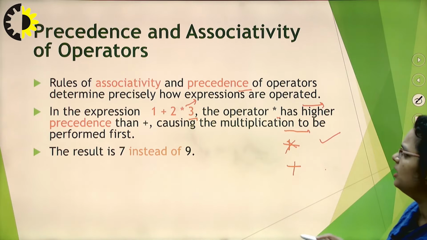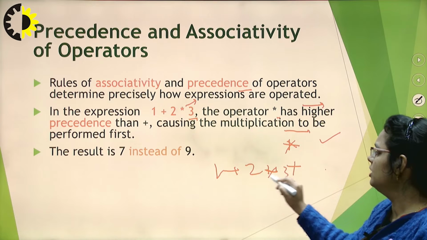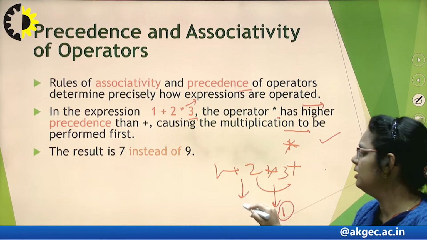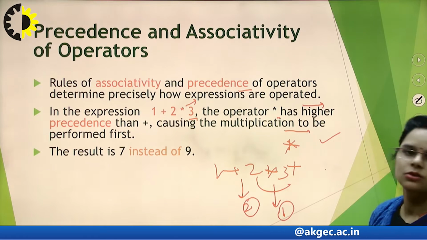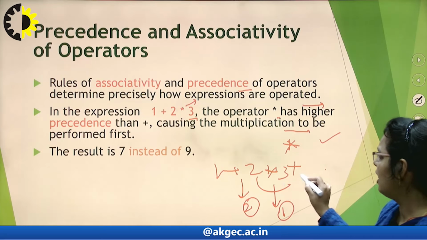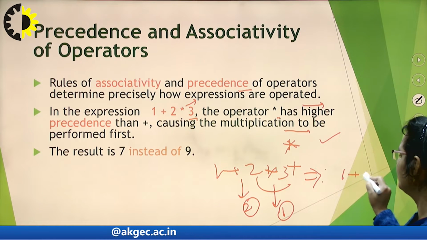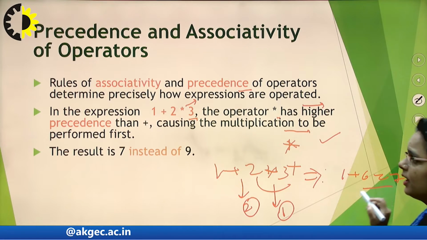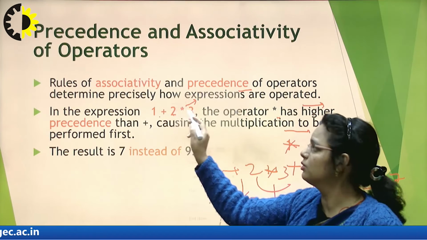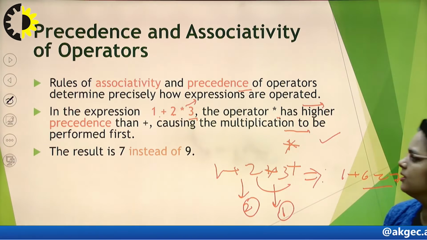So in 1 plus 2 star 3, multiplication is performed first, and later addition is performed. The answer of this expression is 1 plus 6, that is 7, not 9. If we took 1 plus 2 as 3, then 3 into 3 is 9, but the answer of this expression is 7 instead of 9.